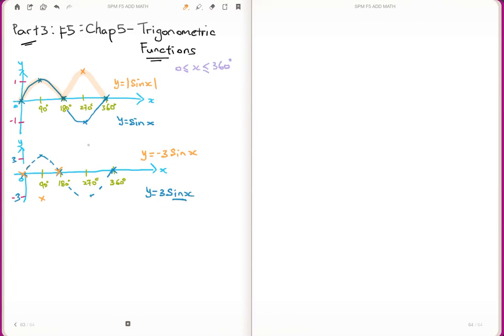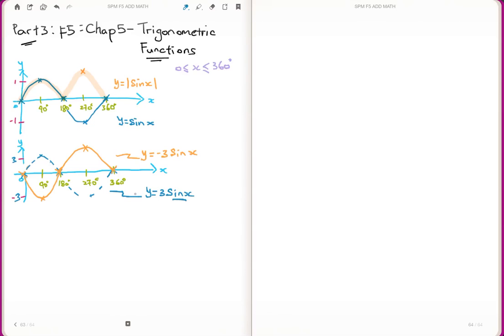This is negative, goes up positive, comes back down here, and your graph should look like this. This is y equals negative 3 sine x, whereas the dotted line, our working curve, is y equals 3 sine x.